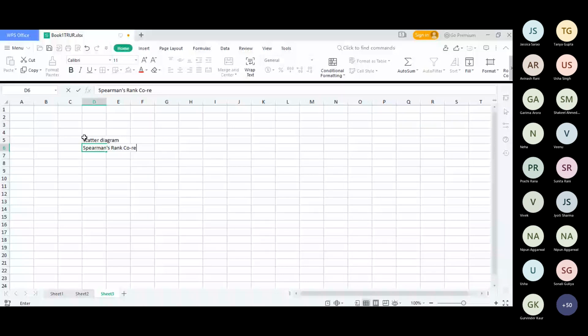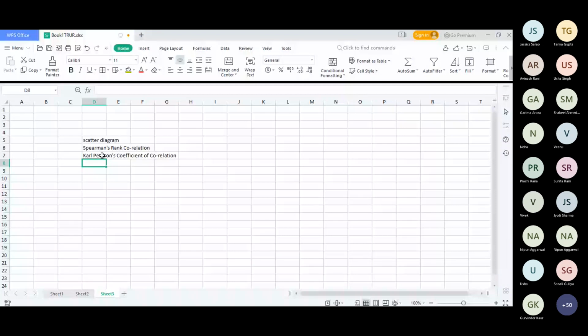And the third one is Karl Pearson's coefficient of correlation. So these are the three ways in which we can measure correlation.